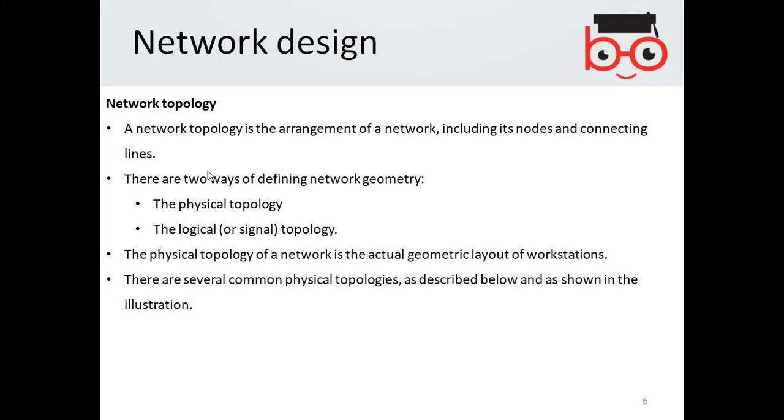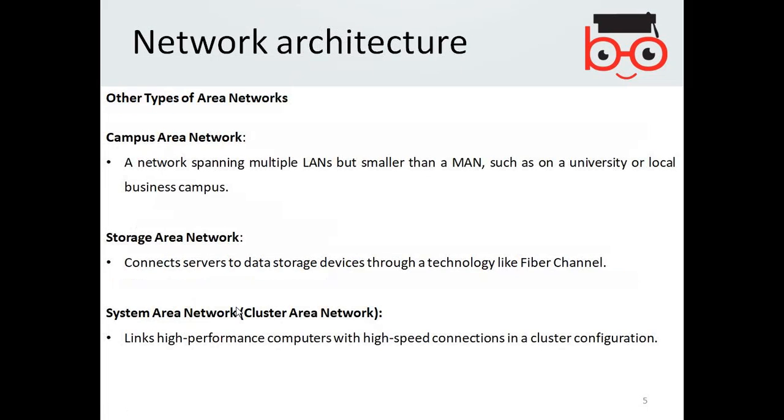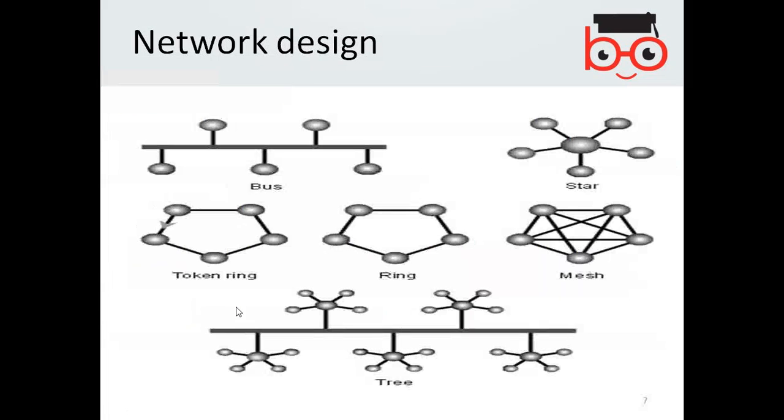There are two ways of defining the network geometry. Obviously, we discussed earlier the physical topology or the logical topology. It doesn't mean that whatever the physical look is, the logical can't be different. So you need to propose the type of network and the topology as well.